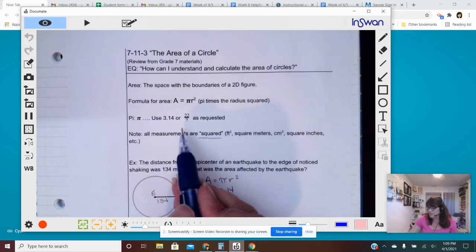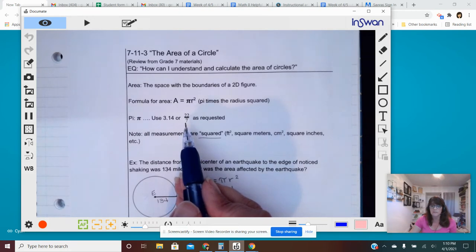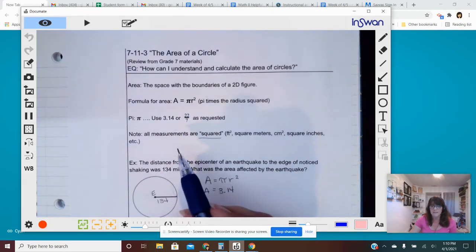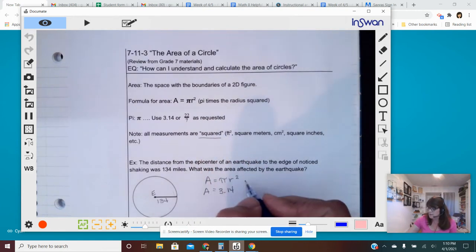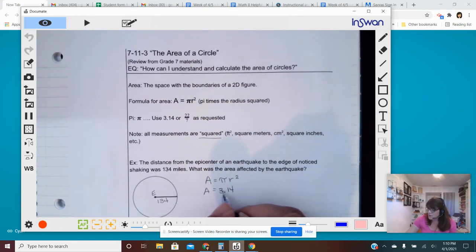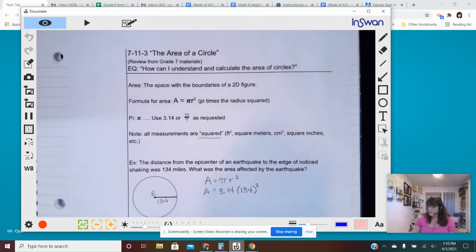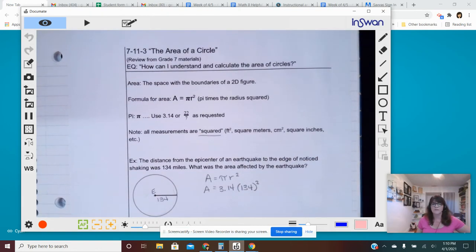Hint, if they ever tell you to use the fraction, use it. It's when it's appropriate and actually saves you time and space. 3.14 times 134 squared. But if I'm already squaring this number, I'm pretty sure I'm using a calculator.